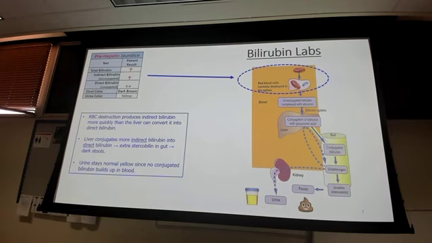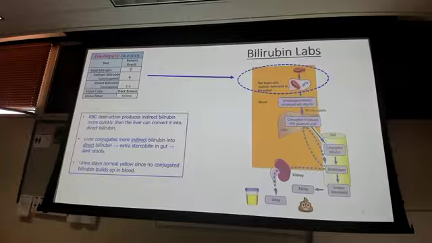Once it comes into the liver, the liver is doing its thing and pushing it out into the gut, right? So if you were to draw this person's blood, they would have a high indirect bilirubin level, but their direct bilirubin level will be normal because it's not going back into the blood. It's just waiting to process the indirect into direct and push it out to the gut.